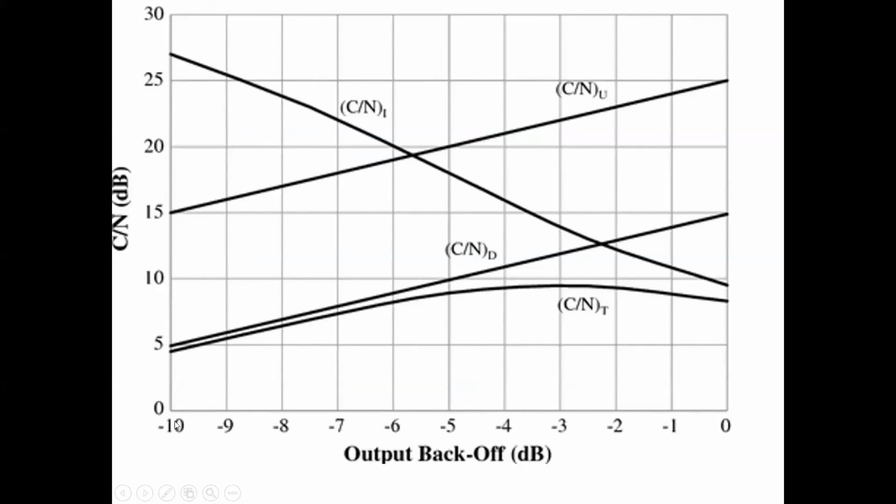But the impact of high backoff, as you can see, is low values of uplink and downlink C by N. Therefore, we need to compromise to decide what the backoff should be where we get a very good signal to noise ratio, that is around -3 dB, where we get the maximum signal to noise ratio. Instead of very high or very low, we select -3 dB backoff as the perfect choice.